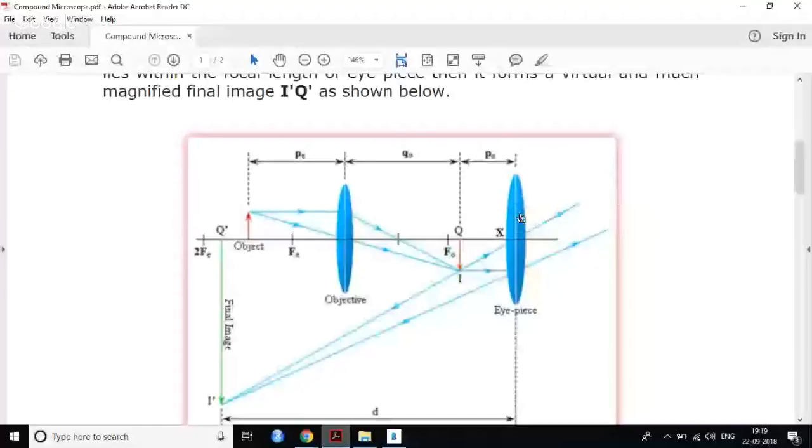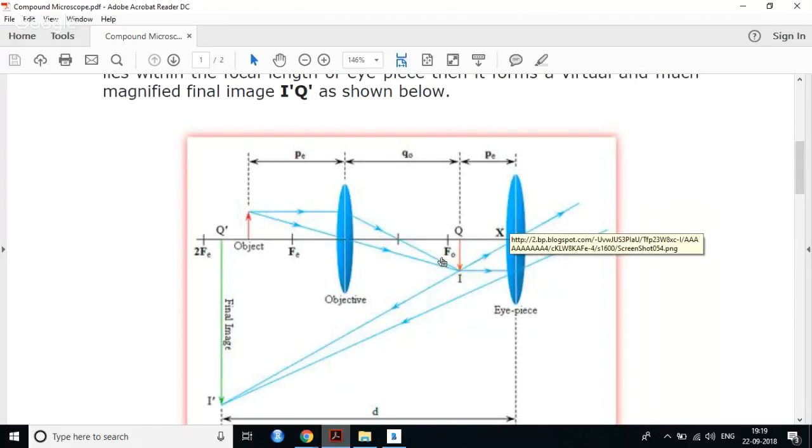The image formed by the objective lies within the focal length of this eyepiece, and this image formed by the objective will work as the object for the eyepiece.